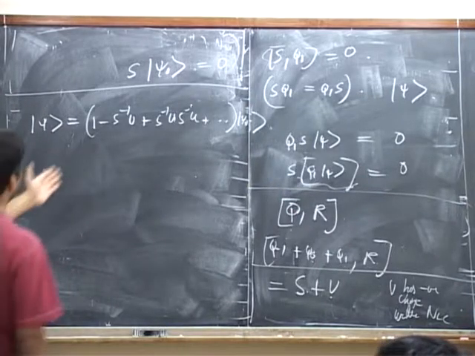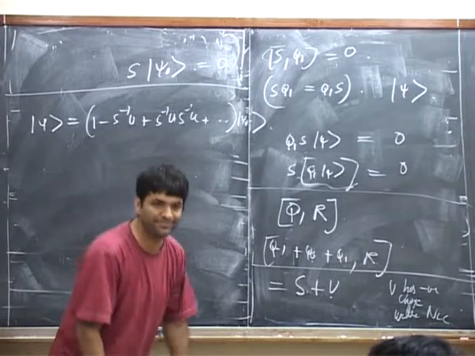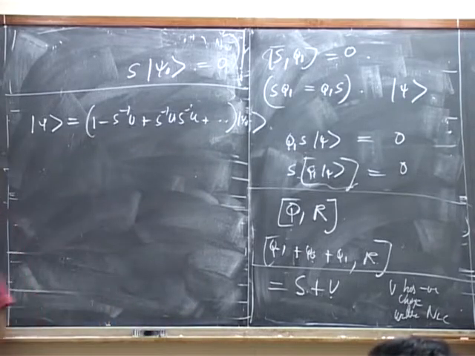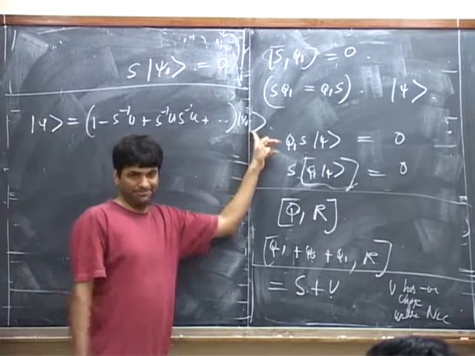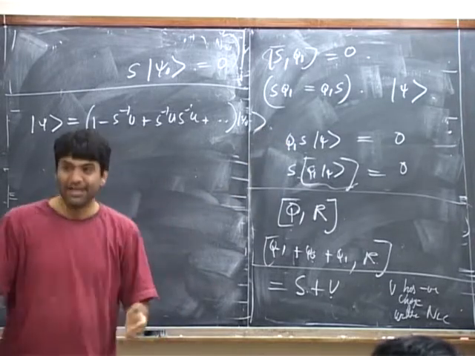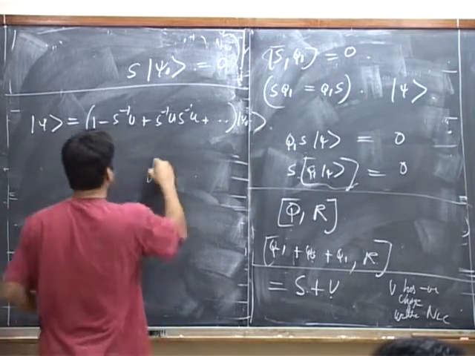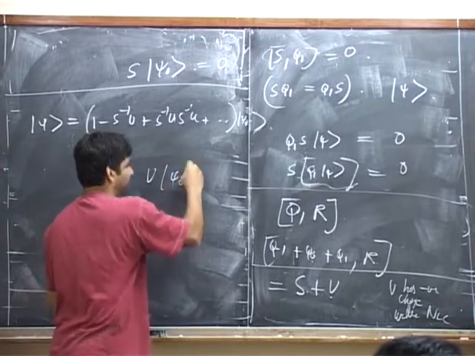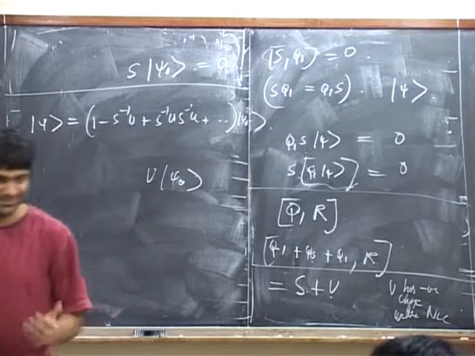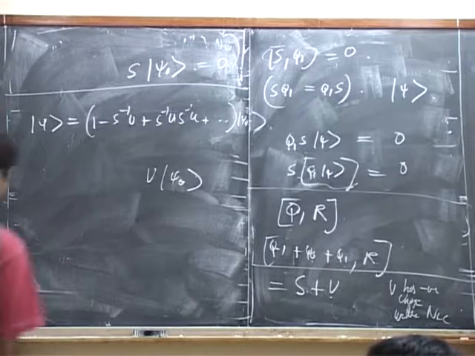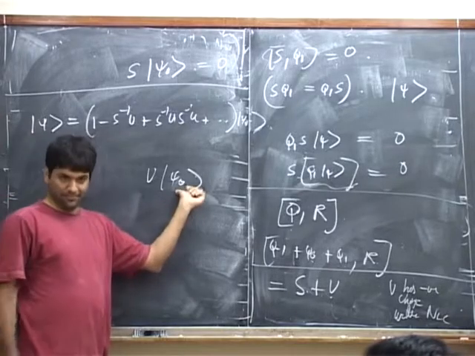Suppose we act with U on psi. Remember that psi 0 had S equals 0, therefore NLC equals 0.